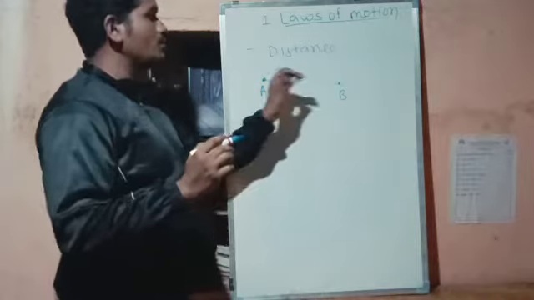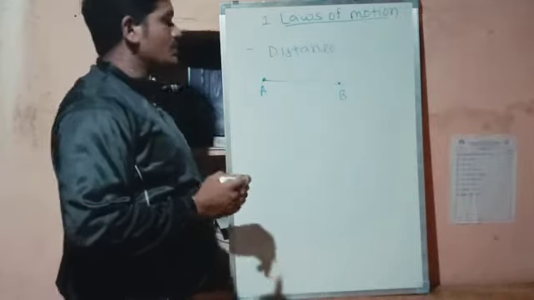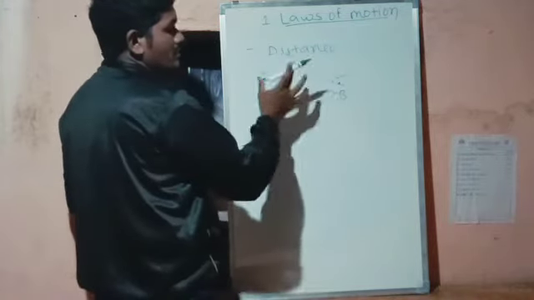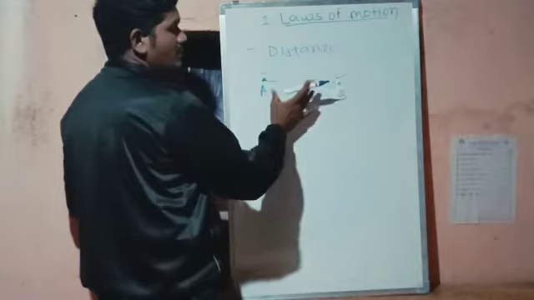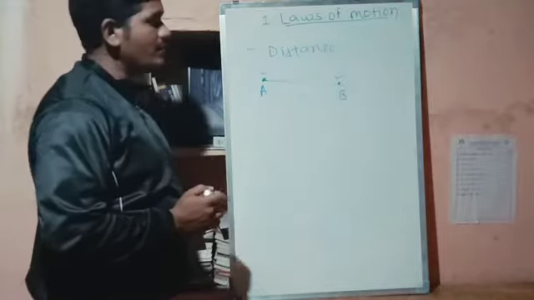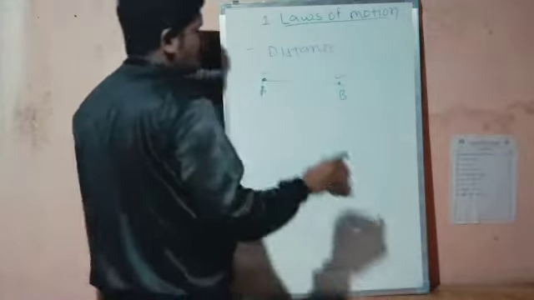The measurement between the 2 points is the distance. Suppose this is your school and this is your home, the measurement between these 2 points will be the distance. I hope you have understood what is meant by distance.